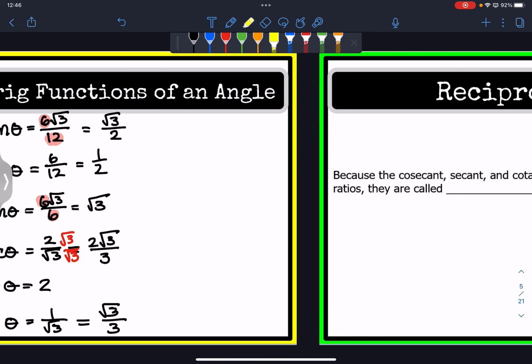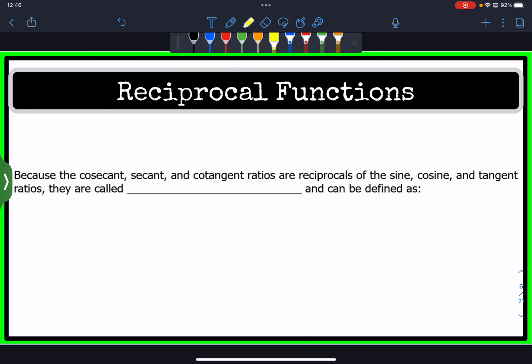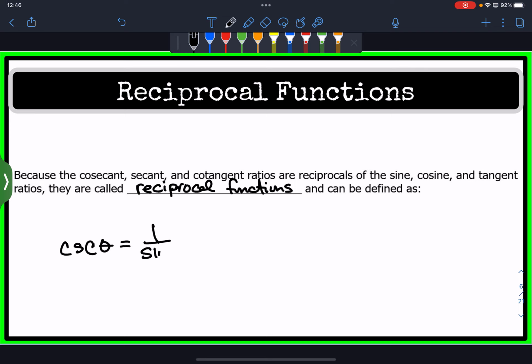Okay. Now, like we mentioned before, because the cosecant, secant, and cotangent ratios are reciprocals to sine, cosine, and tangent, they are called reciprocal functions. And they're defined as follows. Cosecant of theta is simply 1 over sine of theta.